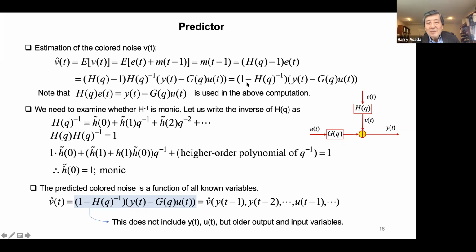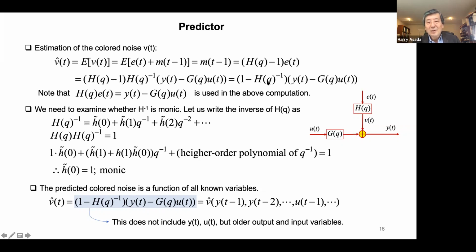However, this is 1 minus H inverse, so this may be 1 minus 1. If this H inverse is monic, then there are no constant terms. So we start with y(t-1) mostly. Let's check whether this is monic or not.